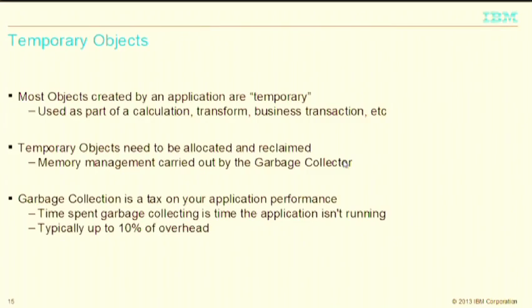Whenever you run a transaction through a JEE system, there's a huge number of objects which are created as you go through that transaction, which are thrown away as garbage. So there are lots and lots of objects being created and destroyed as you go. And that's why there's generational garbage collection. It works on the theory that lots of objects are created and die very young, so there's a nursery collection to clean them out very quickly.